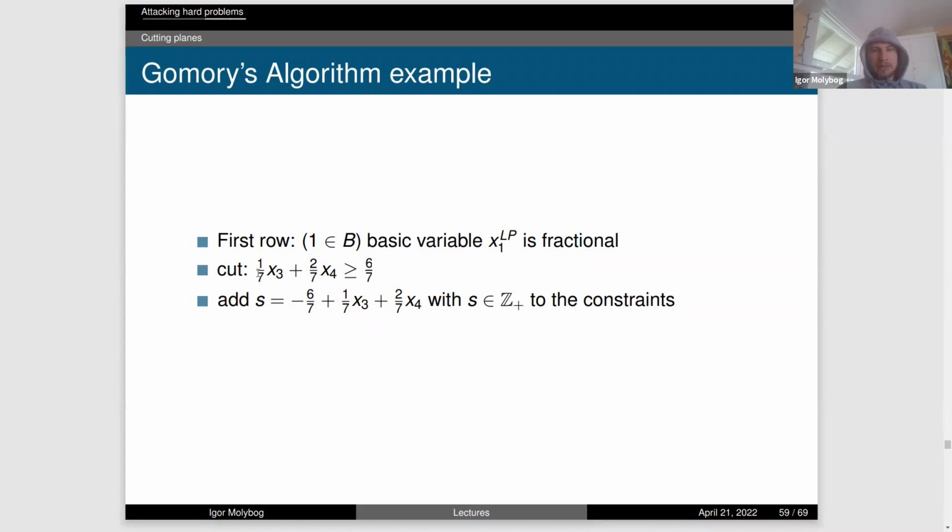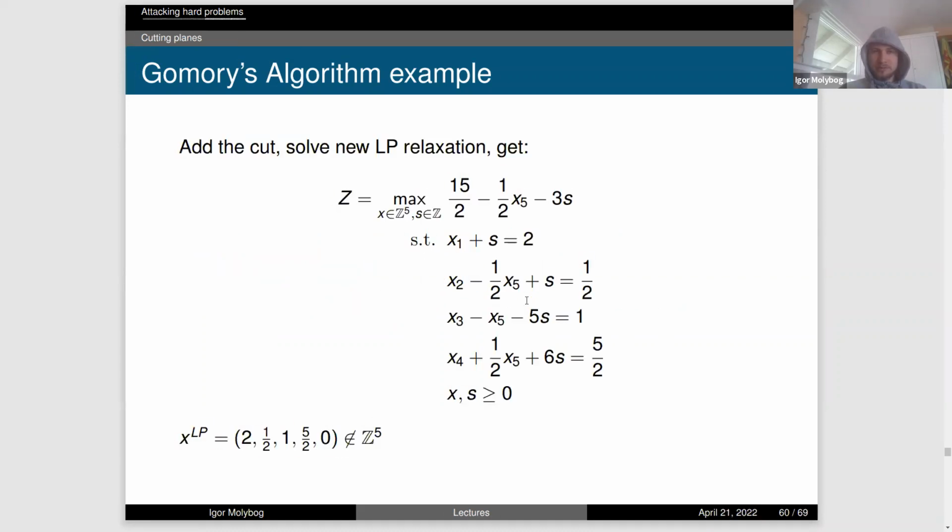Therefore, we can rewrite this inequality as an equality constraint plus a constraint on the value of the slack being non-negative and integer. Therefore, our new linear programming relaxation will have an additional equality constraint and also an additional constraint on the value of the slack. So we add them both to the constraints.